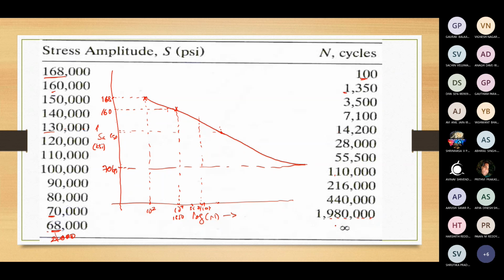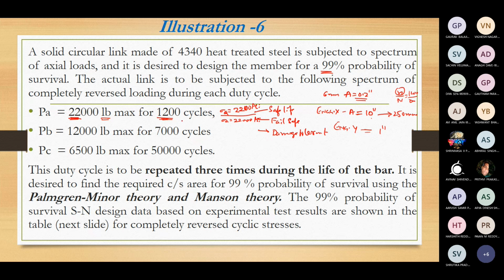You are applying only 1200 cycles. A lot of life is left in the component, which is going to waste. Therefore, even considering a diameter of 1 inch is not enough. It becomes too conservative. You are going to make a lot of loss for the company in terms of material and its cost.